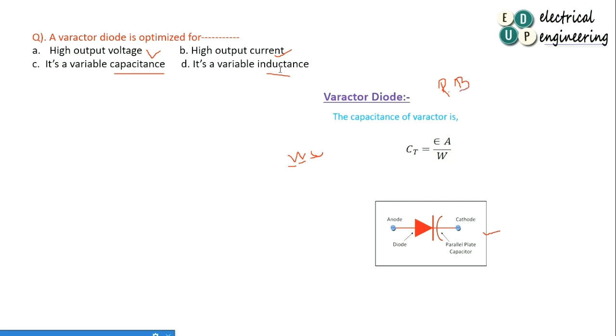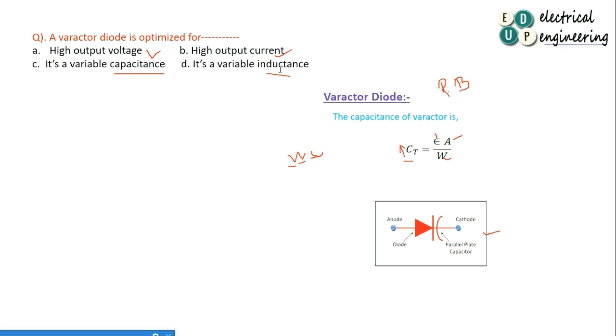Now the capacitance of the varactor is Ct equal to epsilon A by W. Here epsilon is the permittivity of the semiconductor material, A is the area of the PN junction, W is the width of the depletion region, and Ct is the capacitance of the varactor.